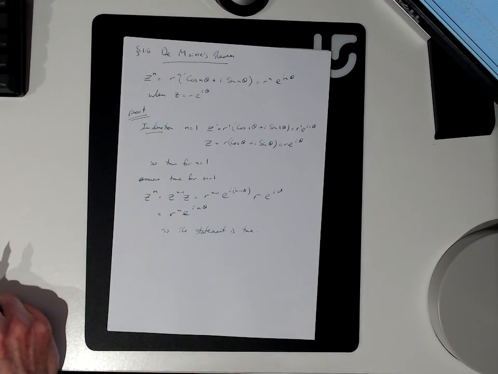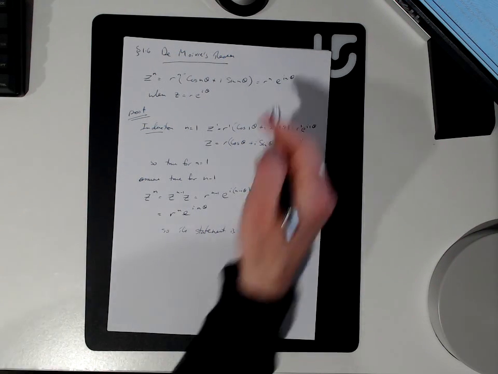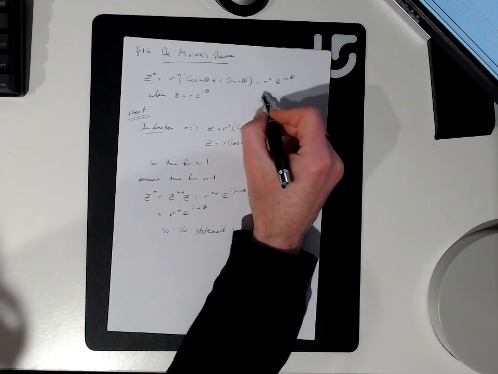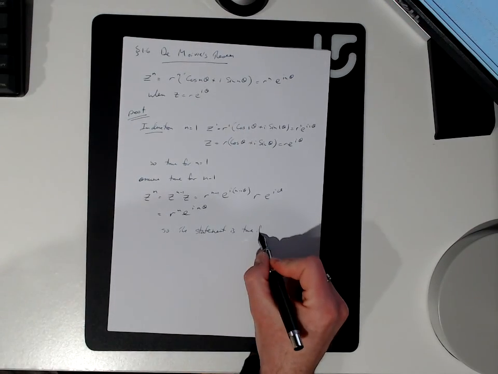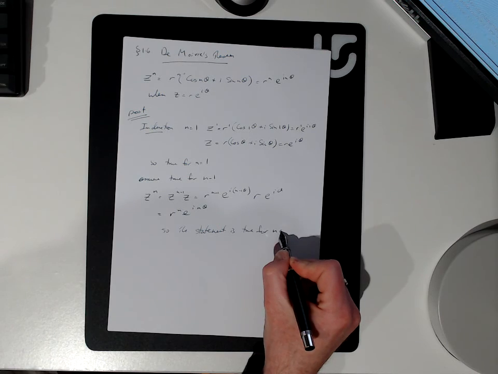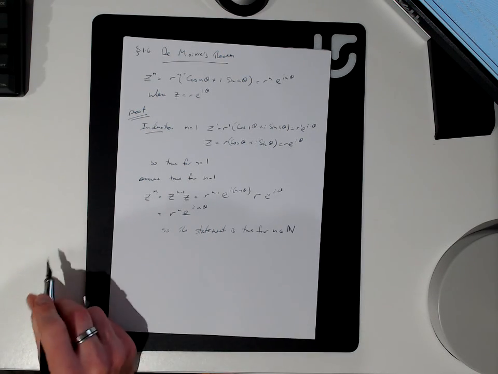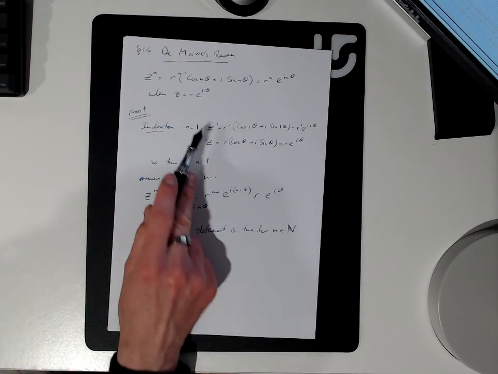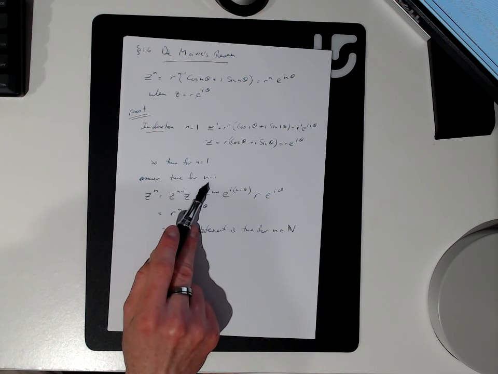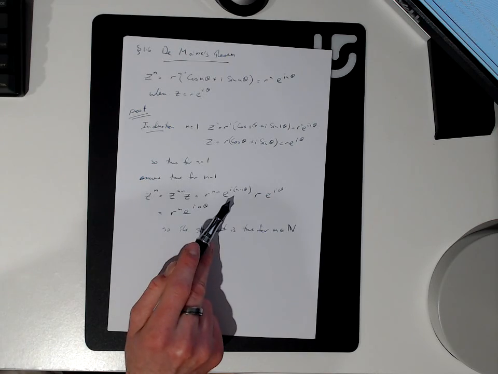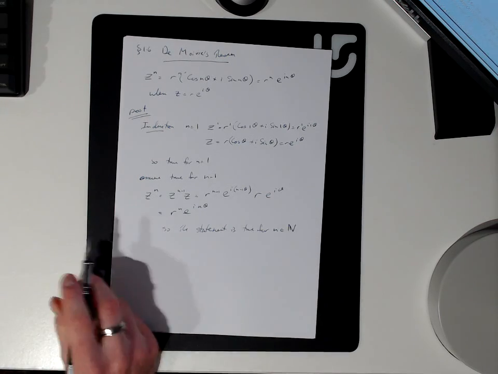Well, kind of, because I never set up where n is from. What I've proven is that this is true for n an element of the natural numbers, because I've proven it for 1, and I've proven it when there's a 1 number difference between n minus 1 and n. And so that means the natural numbers.